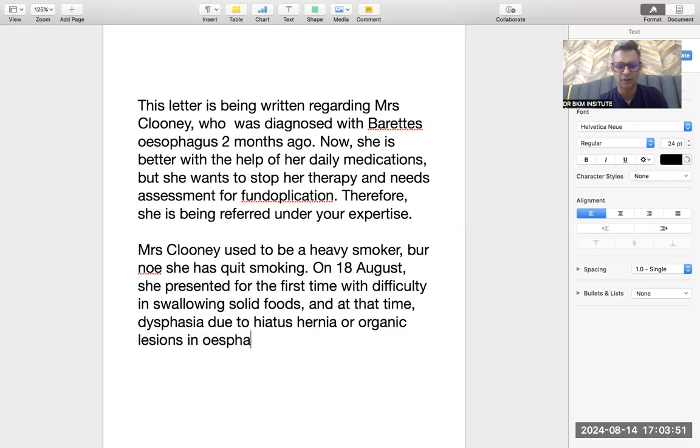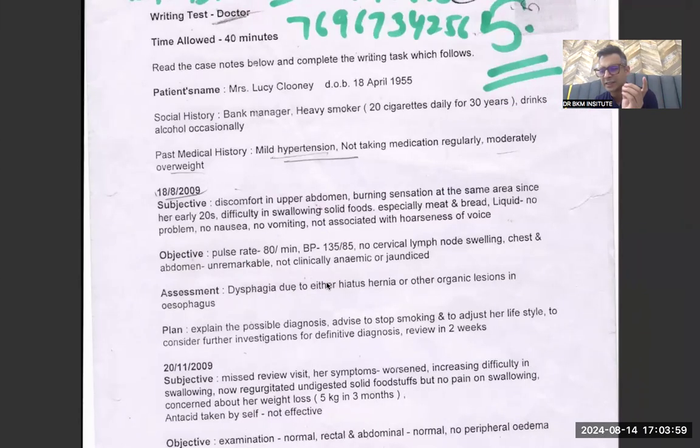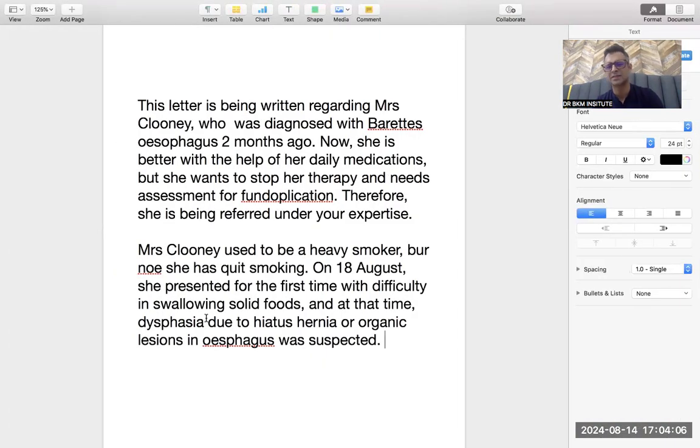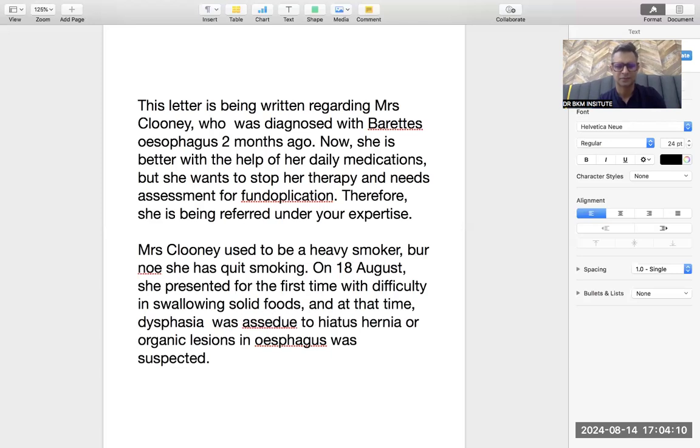Now I am telling you again very important things about this letter. When there are two words and "or" is given, then "suspected" becomes the best word. Because see, dysphagia either due to this or other organic lesions means the patient was assessed. Otherwise, you can say dysphagia was assessed. Okay, let's not make it complex.